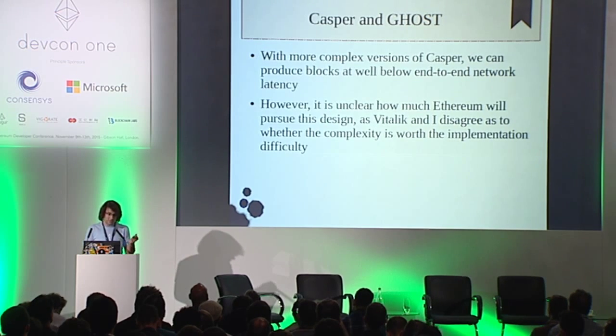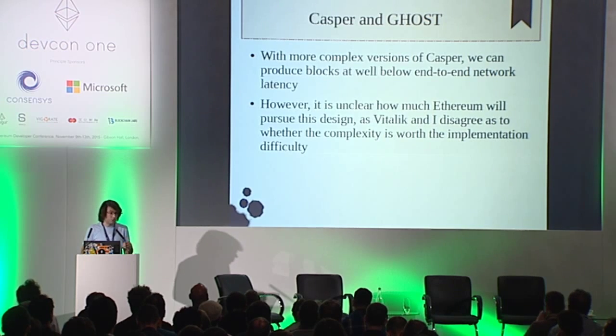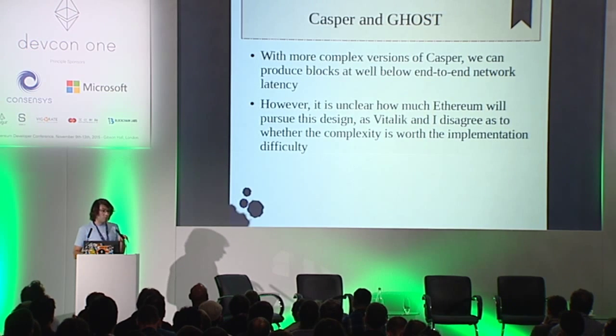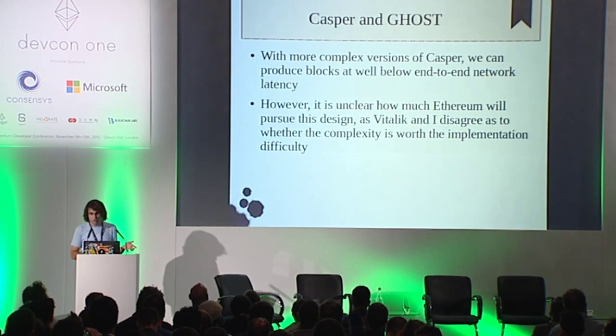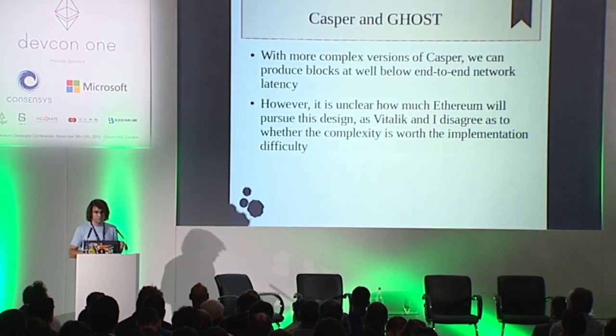With more complex versions of Casper that fully implement this tree choice rule, we can go well below the end-to-end network latency in terms of producing blocks, which is good for user experience, but it increases the implementation complexity because we actually have to do tree choice as opposed to just blockchain choice.